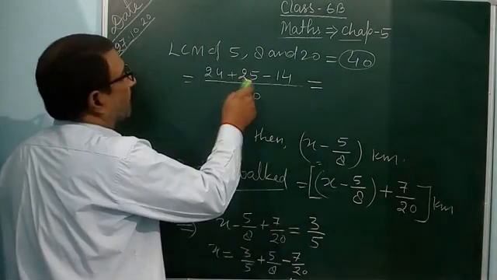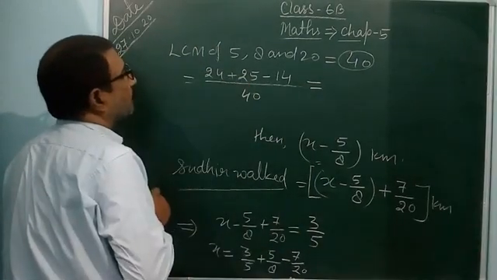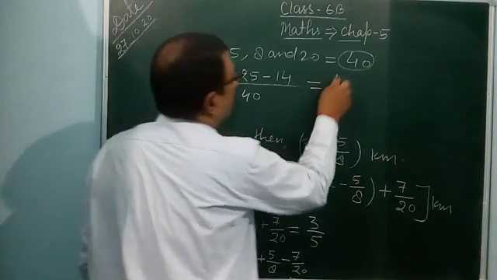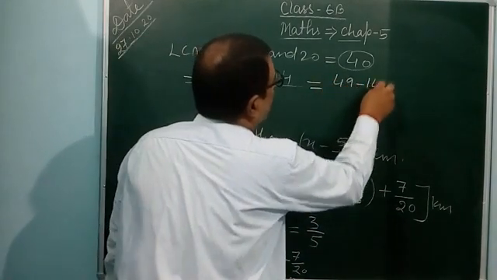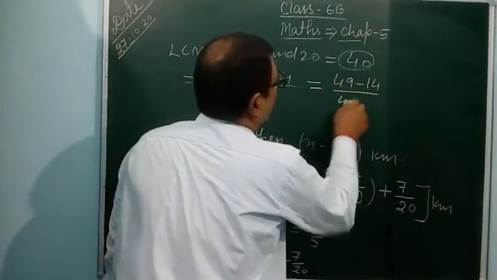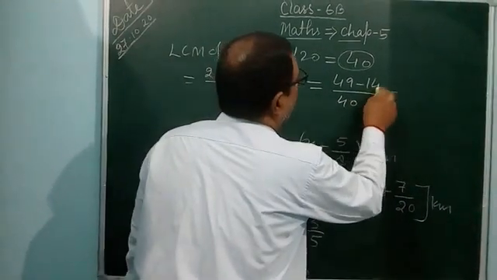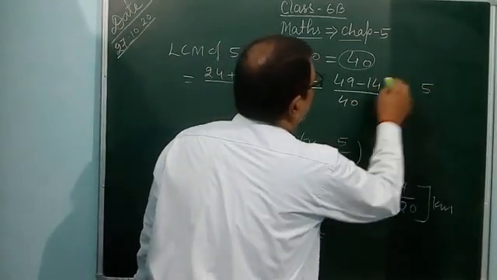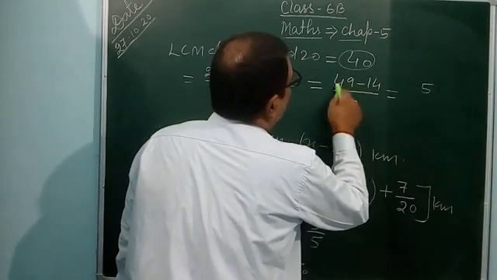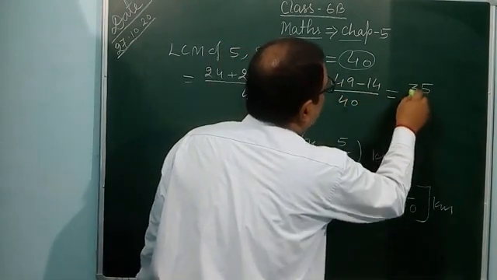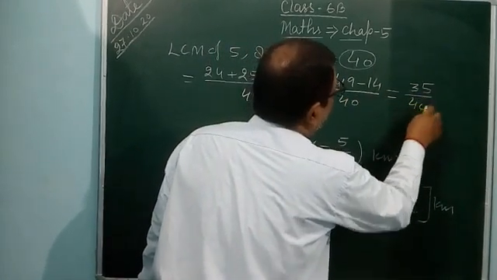So 25 and 24, it will be 49 minus 14 upon 40. So 49 minus 14 is 35. 35 by 40.